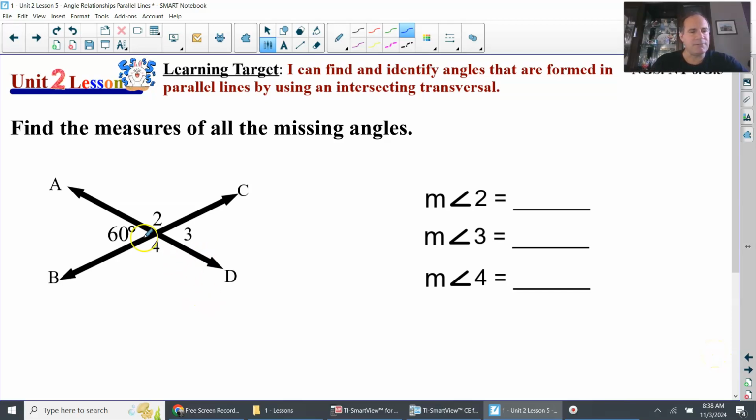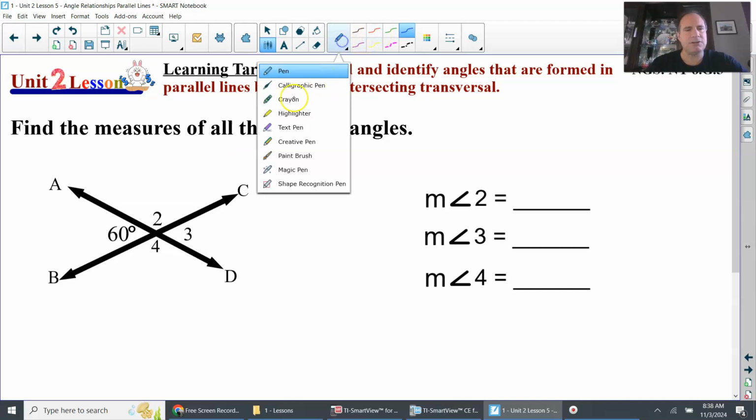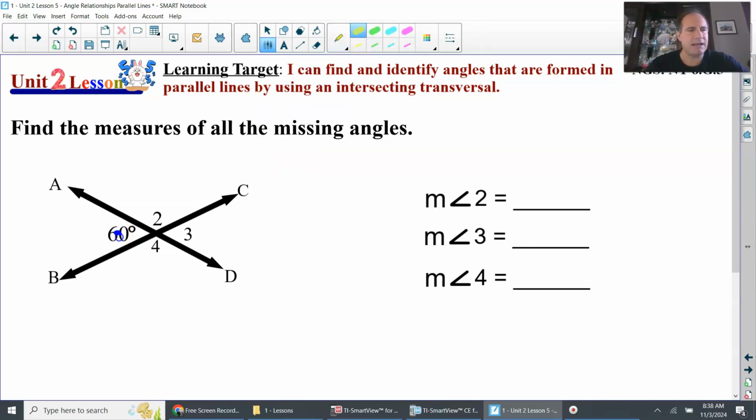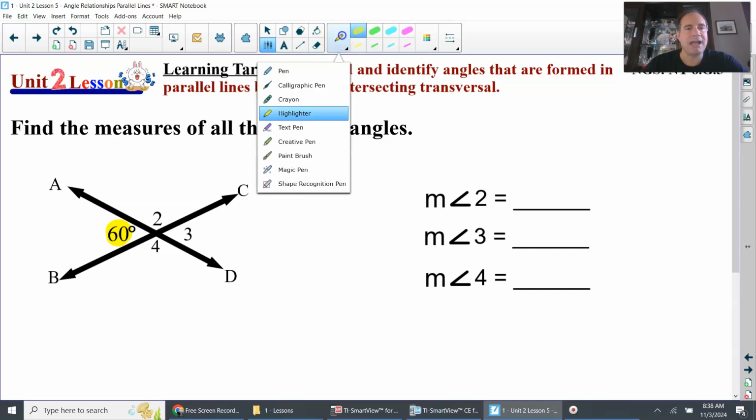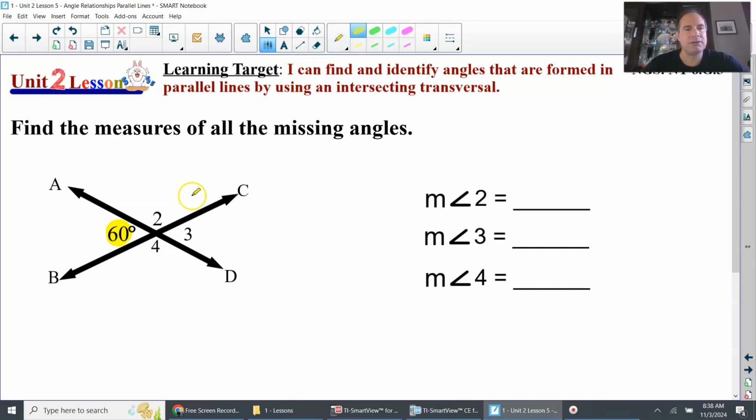Angle 1 has been replaced with 60 degrees, so I'm going to go ahead and highlight this 60. They're asking, what angle is vertical to that?